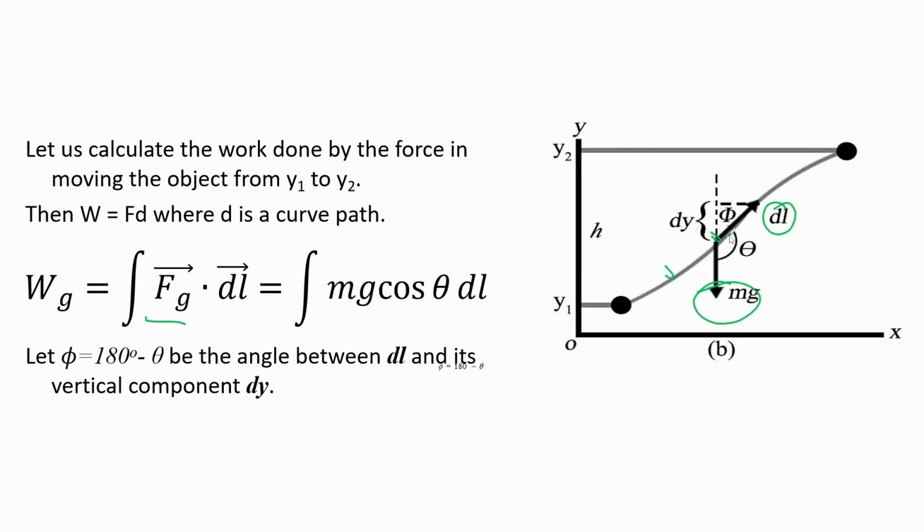If this is a straight line, phi would be 180 degrees minus theta. So phi is the angle between dl and dy.